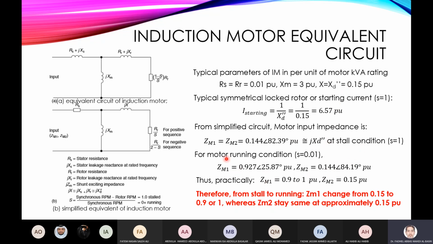So there is a jump for the positive sequence impedance, changing from 0.15 to almost 1 per unit, but the negative sequence impedance did not change, as compared between standstill and when the motor is running at rated speed. So this is one observation.